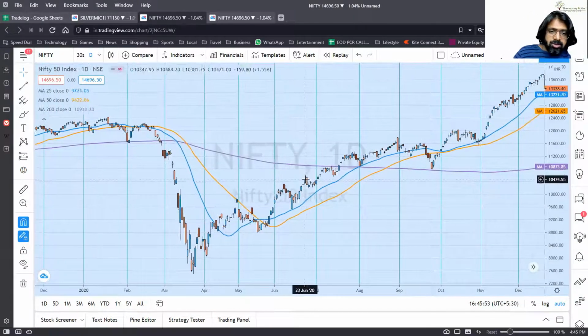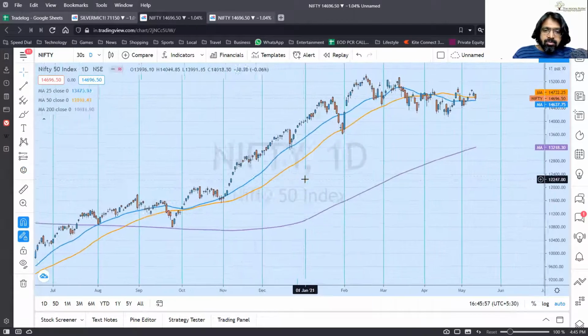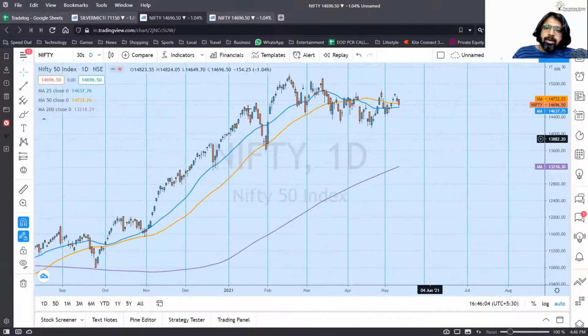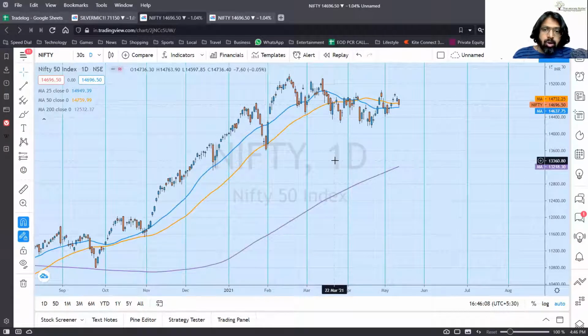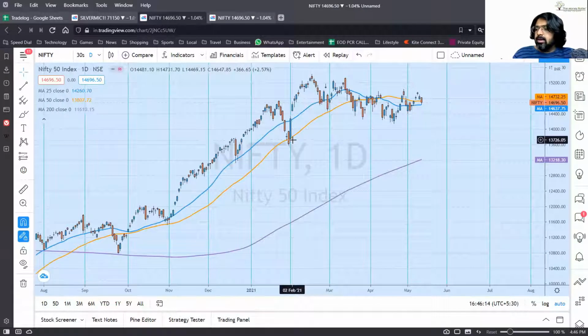So when the short term average changes its direction in the direction of the long term average, or in the direction of the intermediate term average, you take a trade in that direction, because trend is your friend. You should not go against the trend. All right. So that is what it is about selecting the right average.